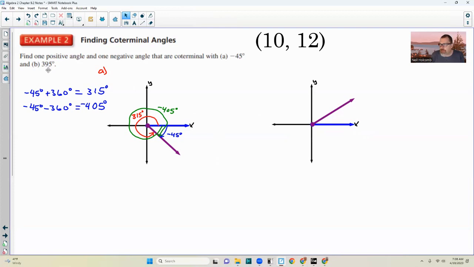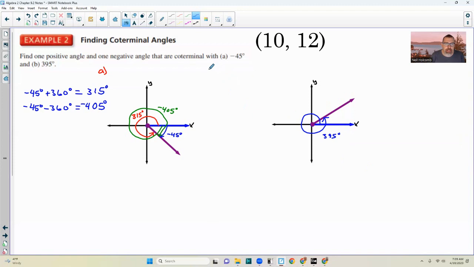Okay, so that's 395 degrees. I'm going to show that with an arc with what I did. I started at the initial side, went around 1 full rotation for 360, and all the way around a little bit more to 395 degrees. I'll do that in blue. Okay.